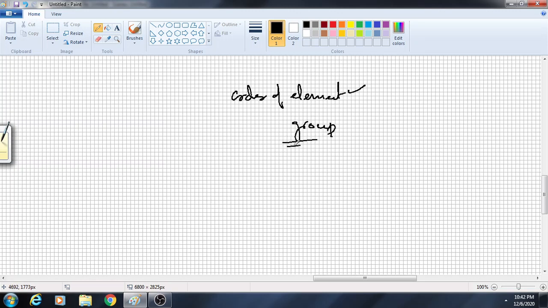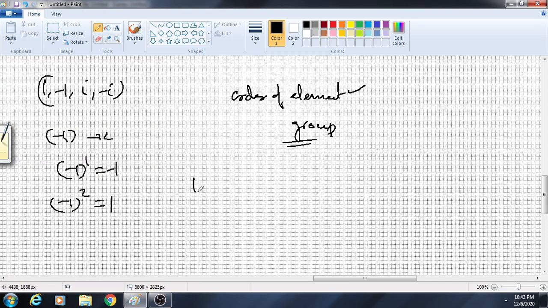Why we are discussing the order of an element is that, if you consider this group 1, minus 1, i, minus i, we already know the order of minus 1 is 2, because minus 1 raised to 1 is minus 1, and minus 1 square is 1. So consider this set {1, minus 1}.